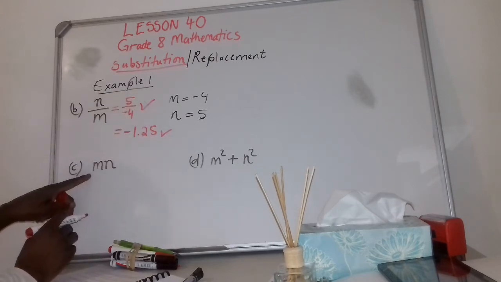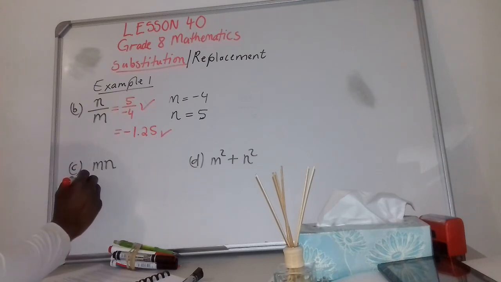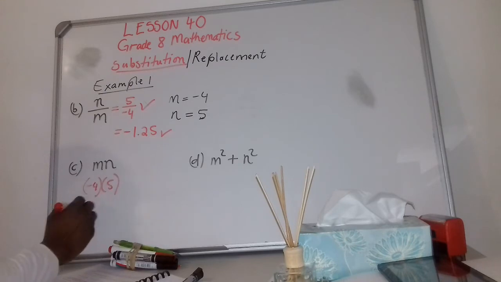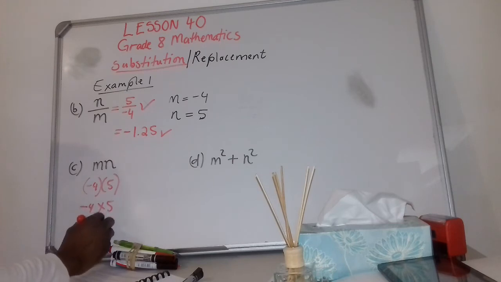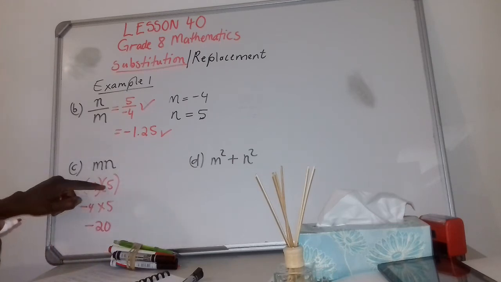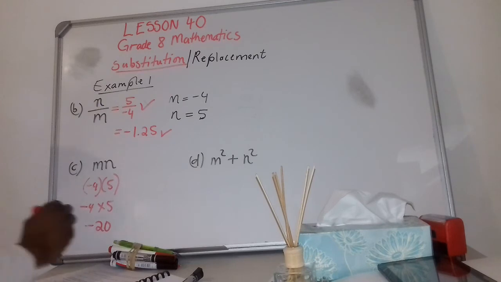Then m times n, you simply multiply the two numbers, -4 times positive 5. Whether you say -4 times positive 5, it means the same thing, which is going to be -20, because when you multiply a negative number with a positive number, you get a negative number. So this will be the answer.